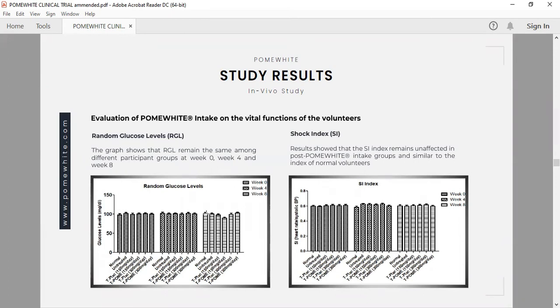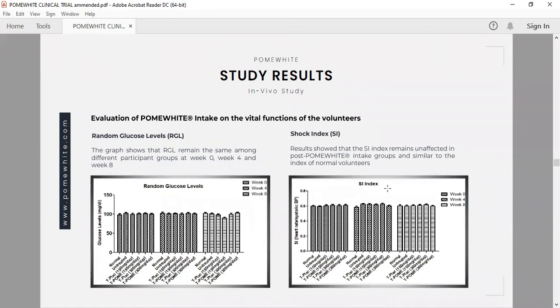That's why it is not going to disturb our glucose level. Here from the graph, we can see very easily that random glucose levels fall under the normal range. This is not a fasting level, because if it were fasting, it should be almost 80 or 90. But because it's a random glucose level, they are also at their best place.